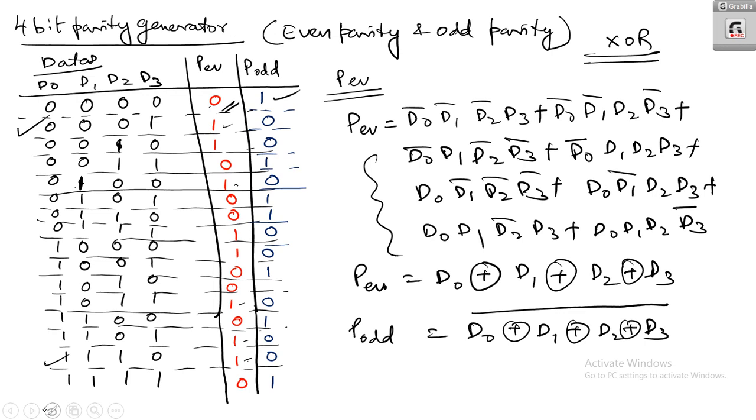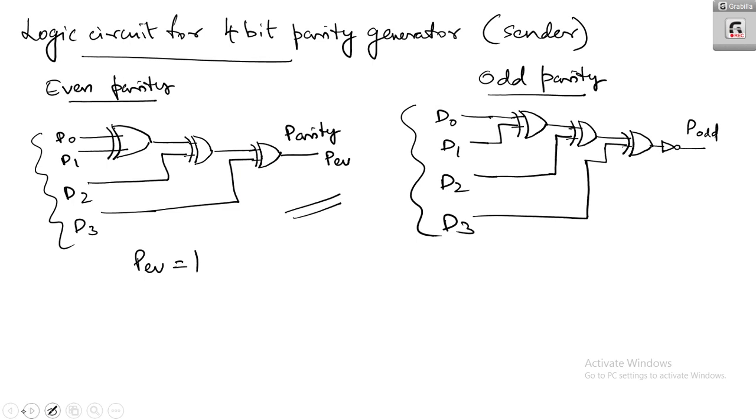I have drawn a truth table having even parity as well as odd parity, and derived the expressions for the even and odd parity bits, and the logic circuit of a 4-bit parity generator for odd parity and even parity is developed.